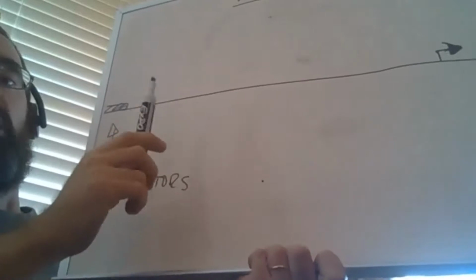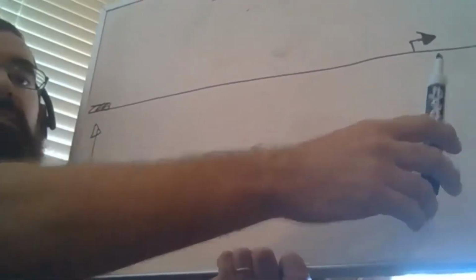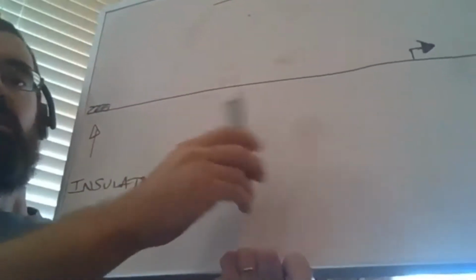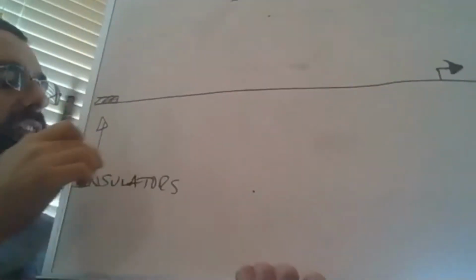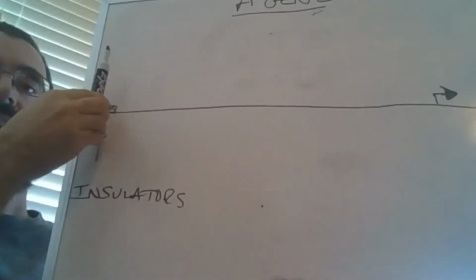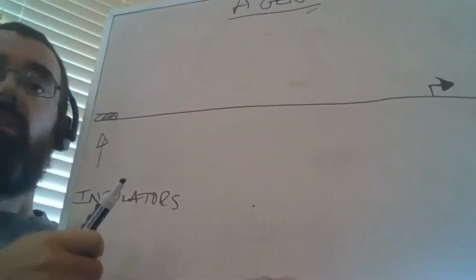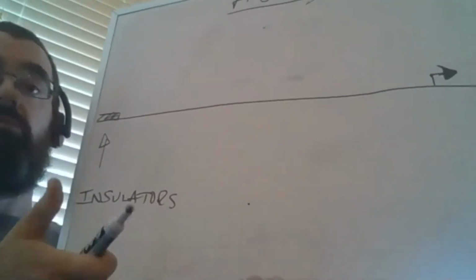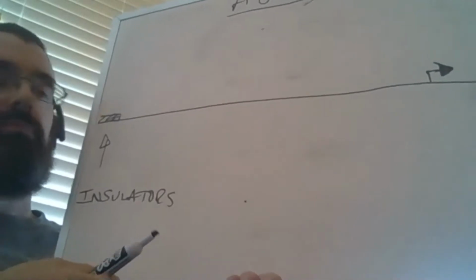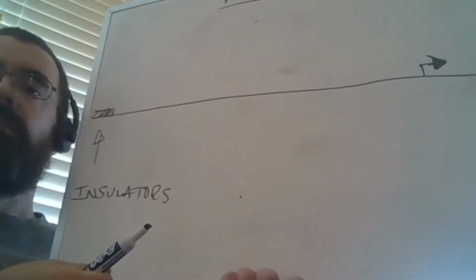So if you want to make sure that only this gene is affected by these particular proteins, you need to have an insulator to basically wall off that gene from anything else. So you don't have inadvertent gene expression from genes which you don't want to be on. That's a fairly simple kind of concept to get. Does that make sense?